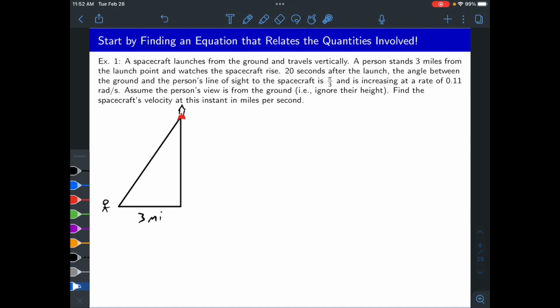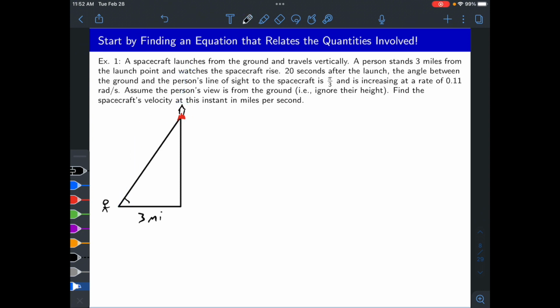Conversely, what about this angle over here? It says that 20 seconds after the launch, the angle between the ground and the person's line of sight is pi-thirds radians. So this angle at that point in time is pi-thirds radians. However, as the rocket continues moving upwards, that angle is going to increase, right?